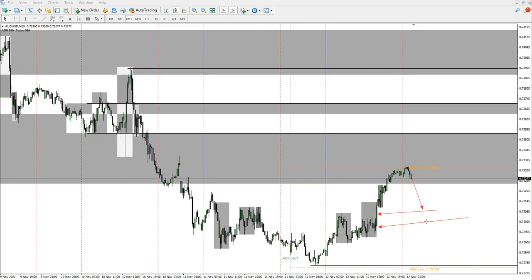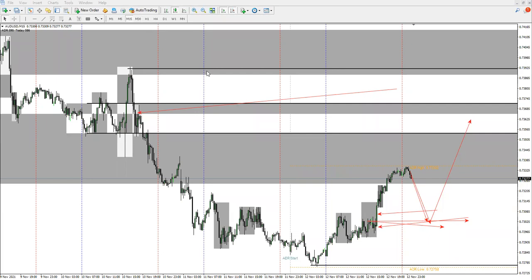I like to see them trade in here. As soon as we open, we trade lower on the 15-minute time frame, and then from here we look for buys. We target this zone right here on the H4 chart, and then from there we can monitor to see if we're getting sell setups.